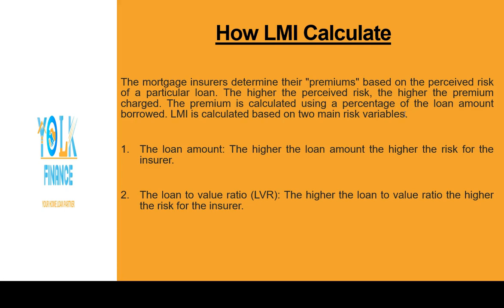So back to the question of how much mortgage insurance is exactly. The lender's mortgage insurance is calculated based on two main risk variables. The first is the loan amount. The higher the loan amount, the higher the risk for the insurer. So let's say someone wants to buy a property of $700,000 and the loan amount is $630,000, compared to a $400,000 purchase price with a $360,000 loan amount, where the LVR is the same for both, 90%.